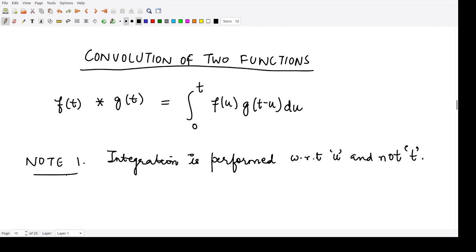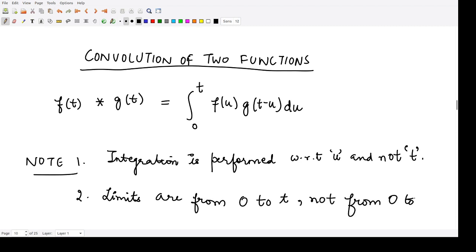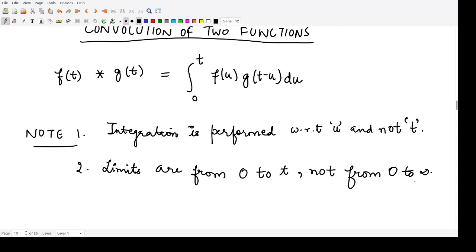The original function was given in terms of t, but the integration here is performed with respect to u. Moreover, the limits here are from 0 to t and not from 0 to infinity. So these things are to be kept in mind whenever you find the convolution of two functions.